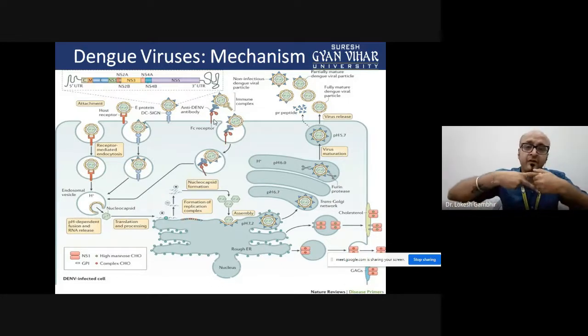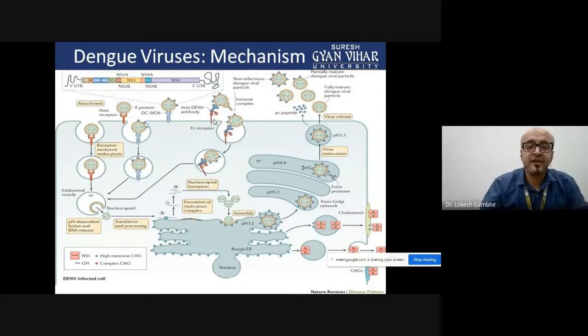Then the constant portion of these antibodies can go and bind to these FC receptors. Thereby, they will provide an indirect attachment to the membrane, and then the receptor-mediated endocytosis can be initiated, and again an endosome will be formed. So it can gain entry by any of those 3 receptors.